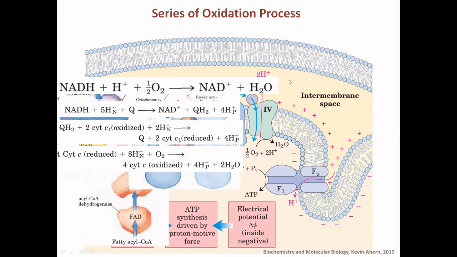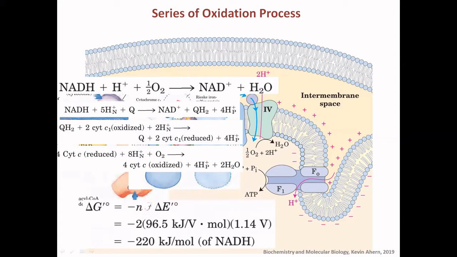So this is the total equation of the entire ETS: NADH, one molecule, plus H plus, plus oxygen atom, equals NAD plus, that is like before, and this is the water molecule. So during this process, the energy that is present as chemical energy in the form of the NADH, so the electron that is moving from the low reduction potential to the high reduction potential of the oxygen atom.